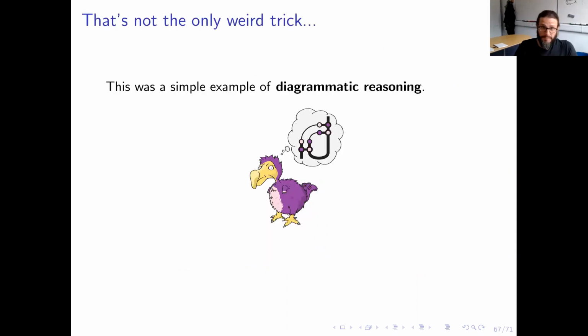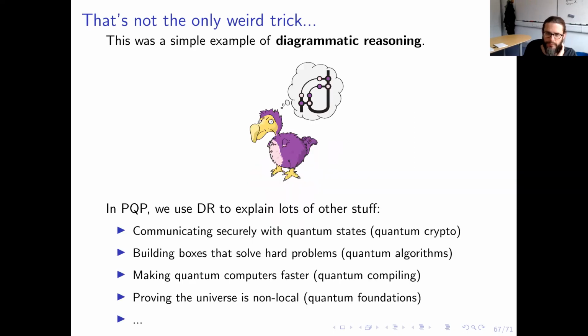And yeah, so that's a simple example of diagrammatic reasoning that really just relied on two kinds of rules. This rule that I can take a piece of wire and I can bend it straight, and also that this certain kind of box cancels out with itself. If you build up more of these rules, and in picturing quantum processes, we use diagrammatic reasoning and some more rules to build up a lot of other stuff.